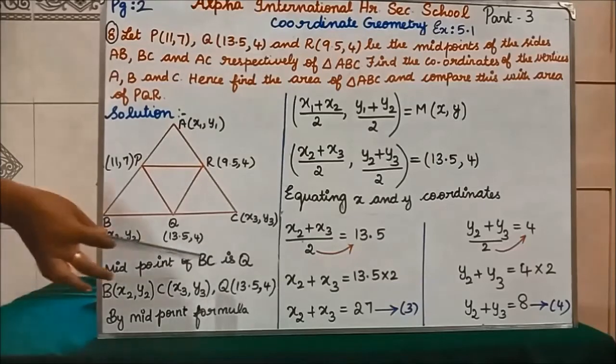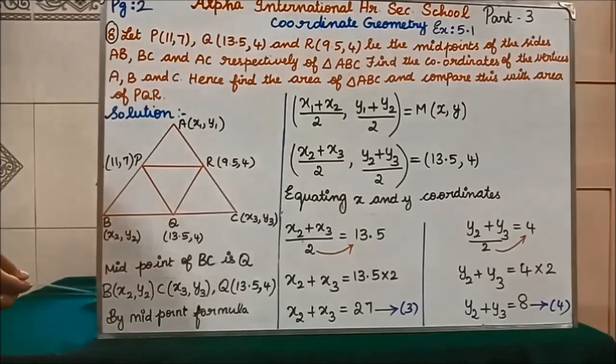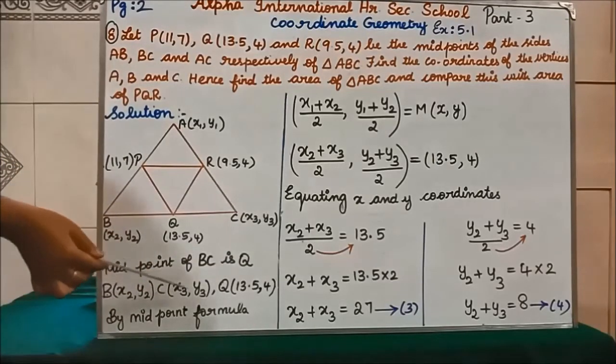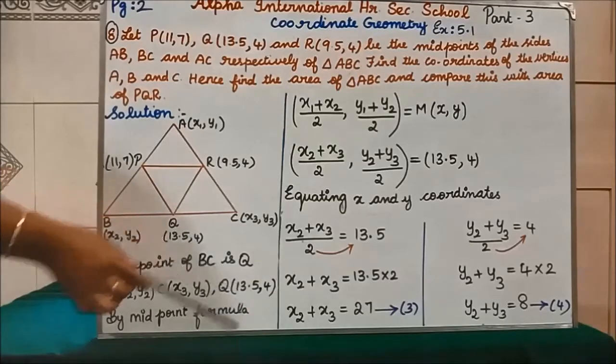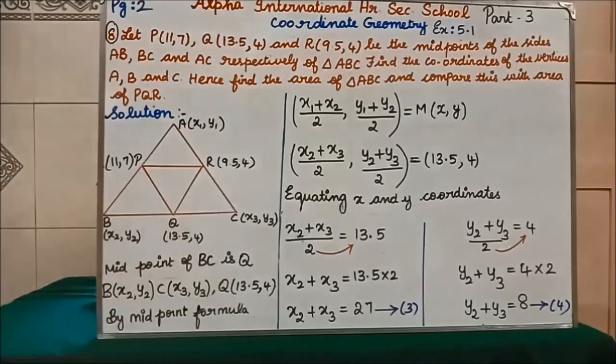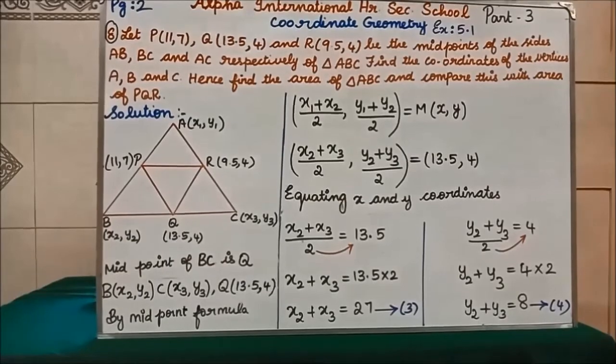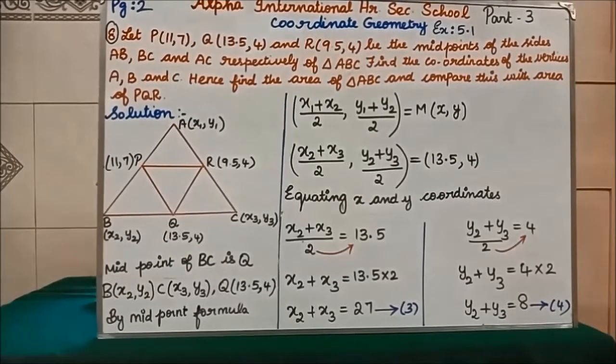Clear? Midpoint of BC is Q. B is x2, y2, C is x3, y3, Q is 13.5, 4. By using the midpoint formula, we are going to solve this. The midpoint formula is (x1 plus x2)/2, (y1 plus y2)/2 equal to M(x, y). This we have seen in the part 1 video itself.